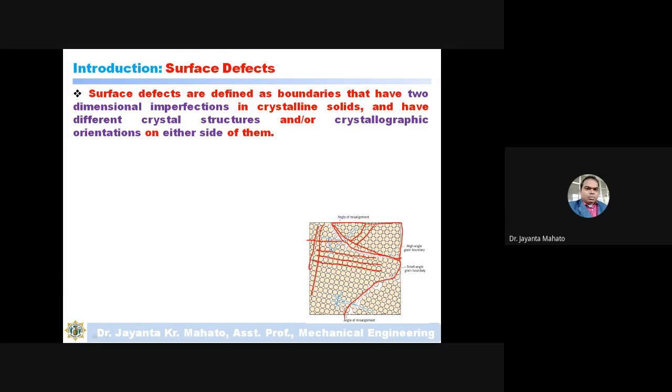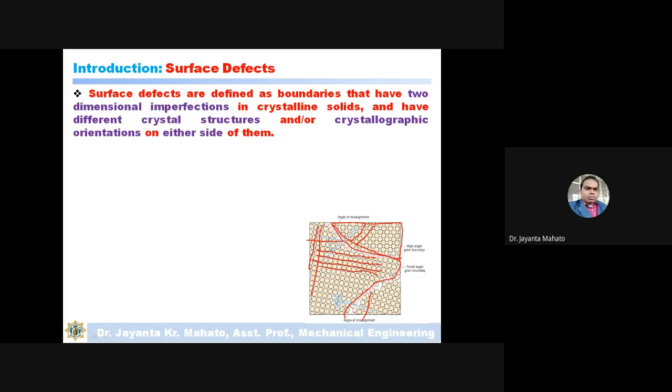So in this region, the arrangement of atoms is regular but in a different orientation. The orientation of the atoms in this region is different compared to this, and even compared to this region. Actually, all these regions are grains.